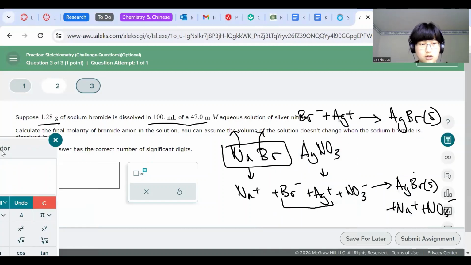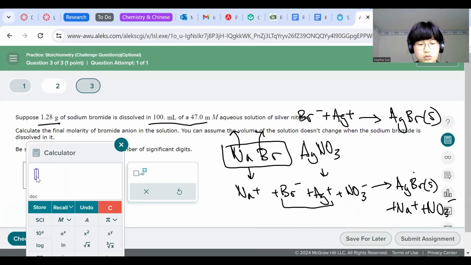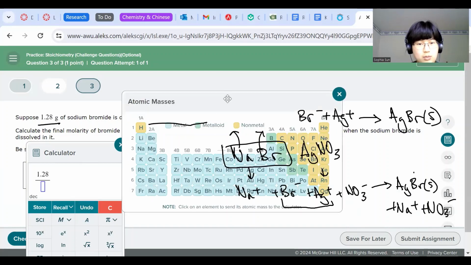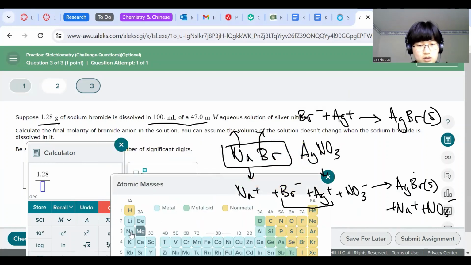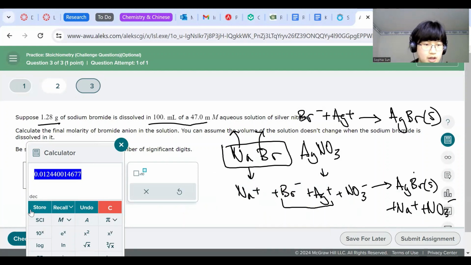So we can do 1.28 divided by the molar mass of sodium bromide, and we have about 0.012 moles. All right, what about silver nitrate? We can calculate this slightly differently.